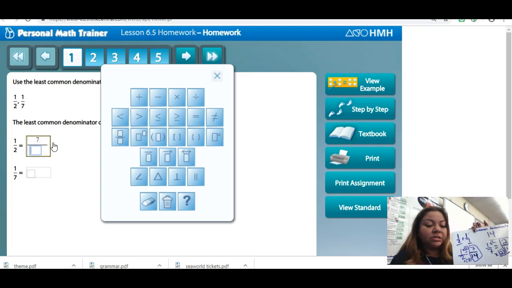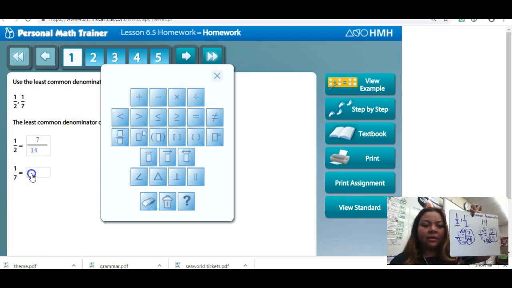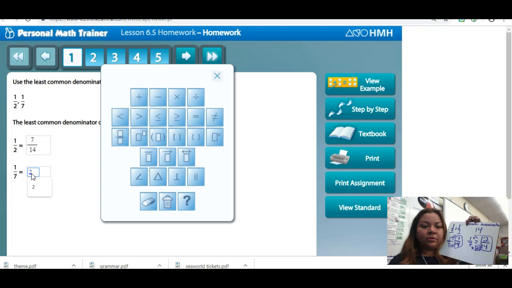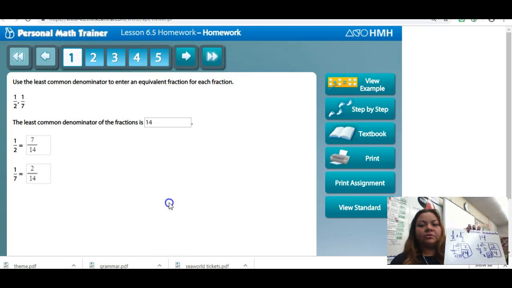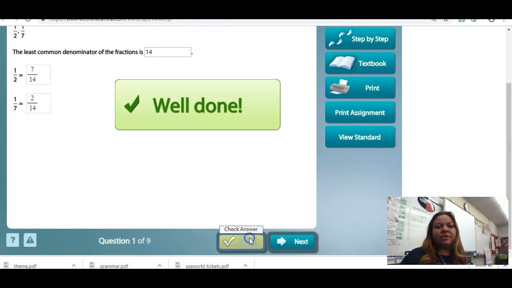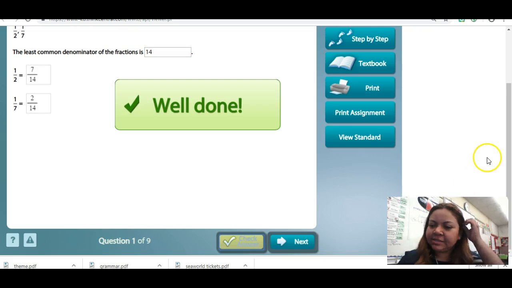And then 14. And then the next one, 1/7, the equivalent fraction to 1/7 is 2 over 14. So I put the 2 backslash 14. I'm going to close this. I'm going to check my answer just so you can see it. Yay, well done. I did it.